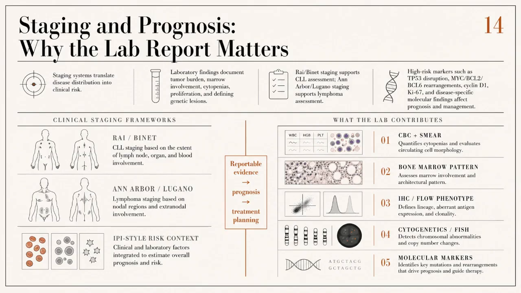For example, in CLL, the Rai system classifies patients into low, intermediate, and high-risk groups by assessing lymphocytosis alongside anemia and thrombocytopenia. This stratification guides clinicians in selecting appropriate risk-adapted therapies, balancing treatment intensity against potential toxicity.